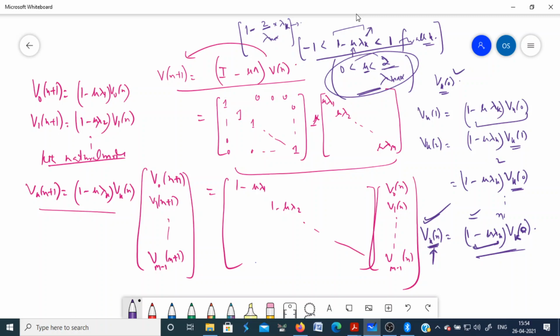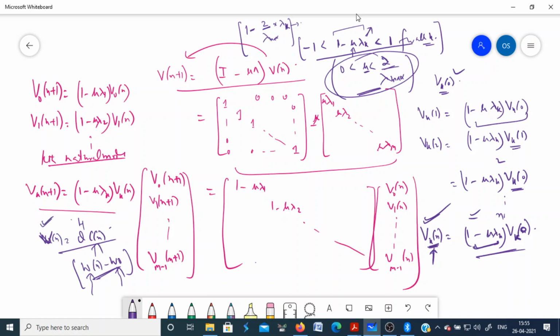So Vk of n was nothing but Q^H into c of n, that is Vn. And c of n is a difference vector, that is w(n) minus w0, the difference between the filter weights at time n and the optimum weights. It is just multiplied with Q^H to transform into the vector Vn.